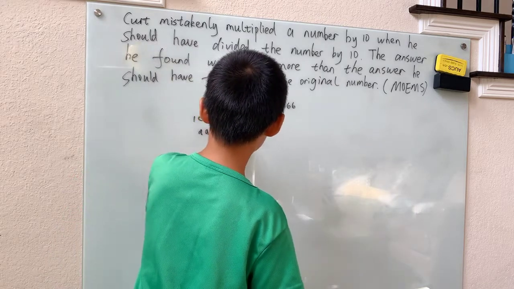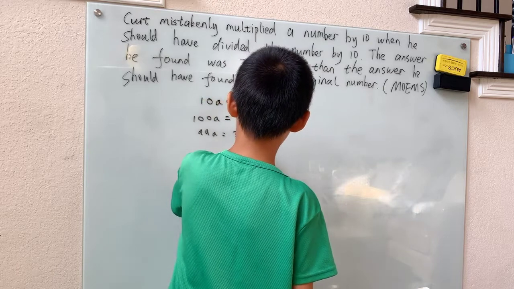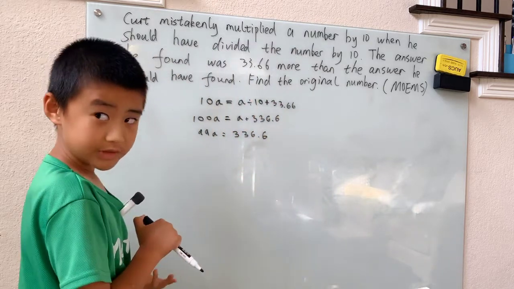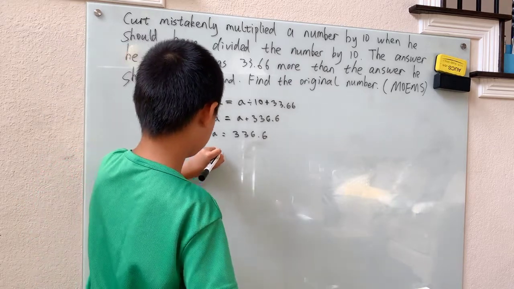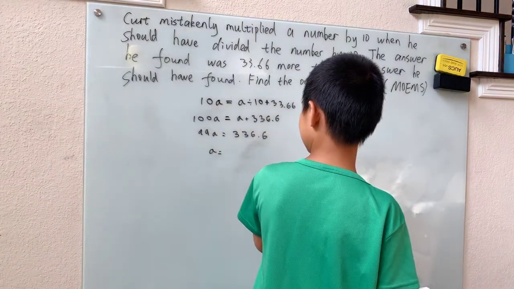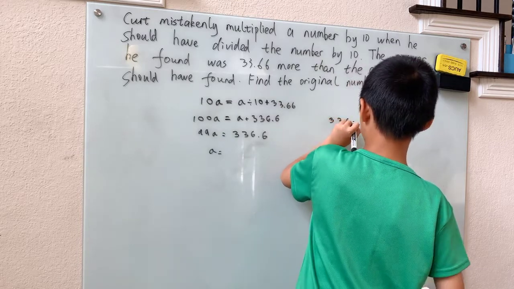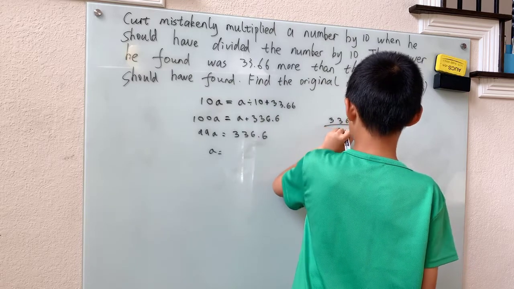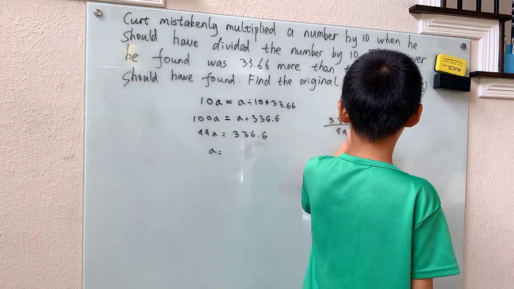Well, here we got, let's see, 336.6. Now we just have to divide by 99, and we get A is this divided by 99. I'll use long division for that. After we get rid of those annoying decimals, break that as a fraction, we can multiply top and bottom of this fraction by 10.